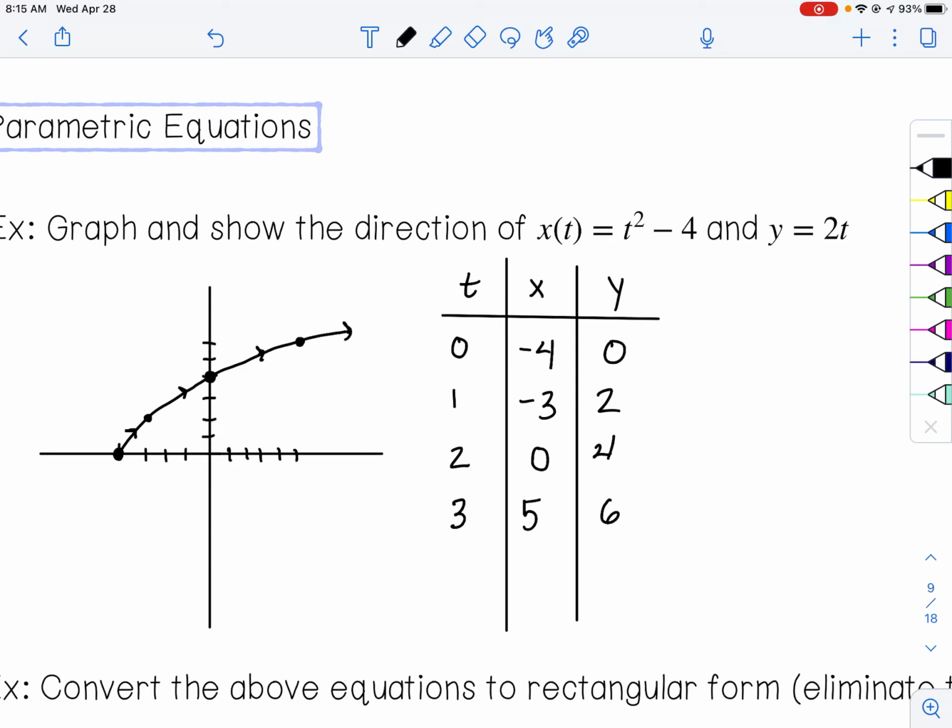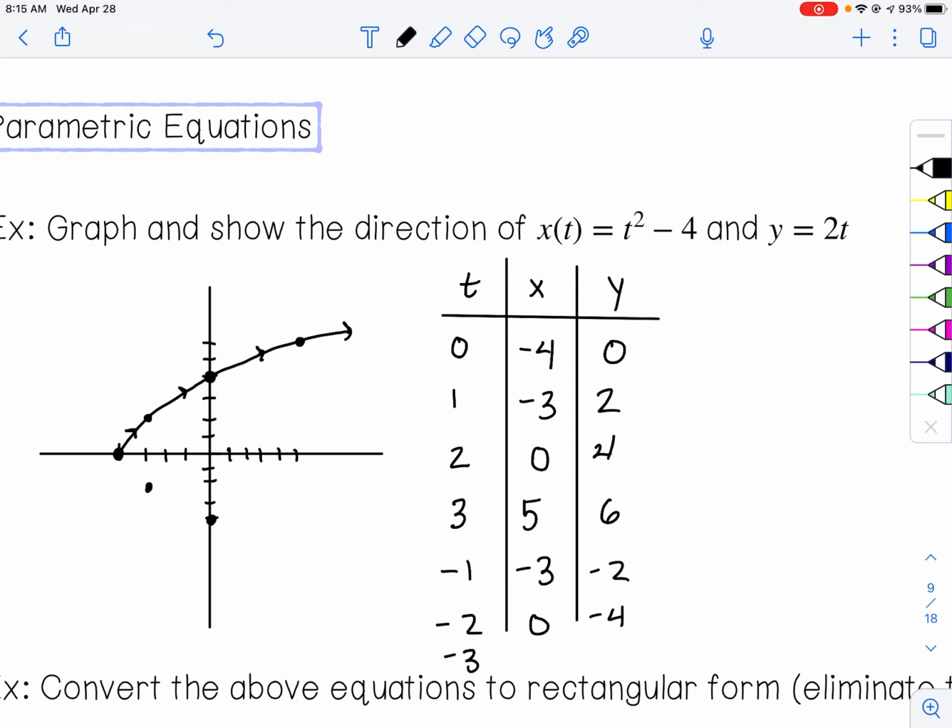We could also plug in negative values as well. So we could get the other part of this curve too. If I plug in negative 1, I would get the same negative 3 for x, but now I would get negative 2 for y. If I plug in negative 2, I'm going to get 0 and now negative 4.